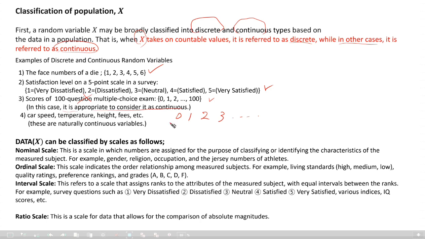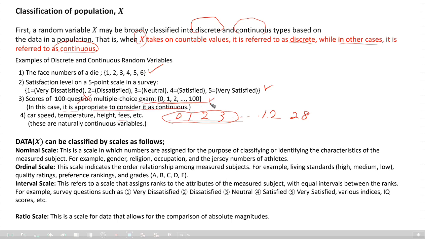But these integer values of temperature are for convenience. There is 1.2 degrees, 2.7 degrees, something like that. It is also possible. So we consider this kind of data continuous, like here. Okay, it is a multiple choice exam.